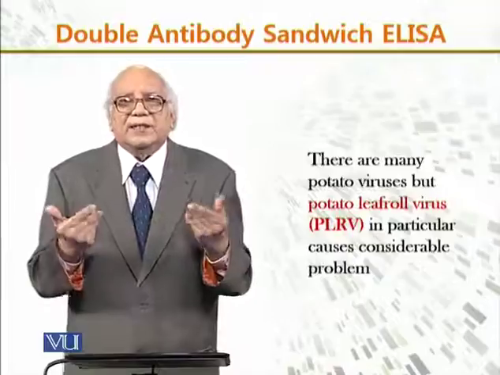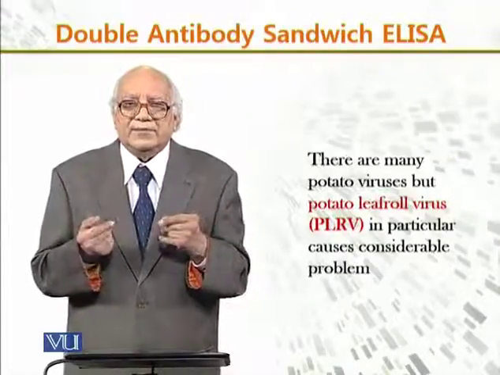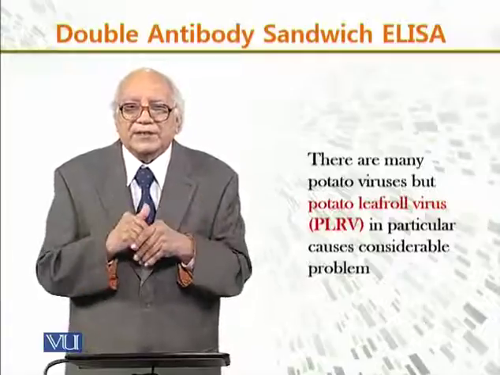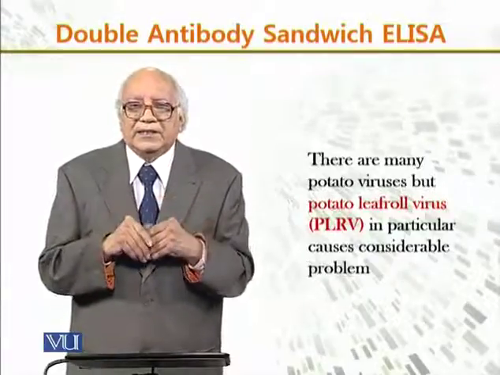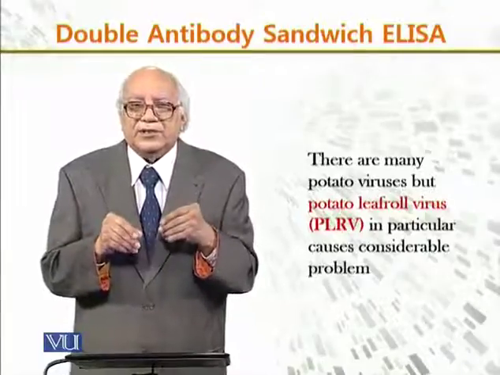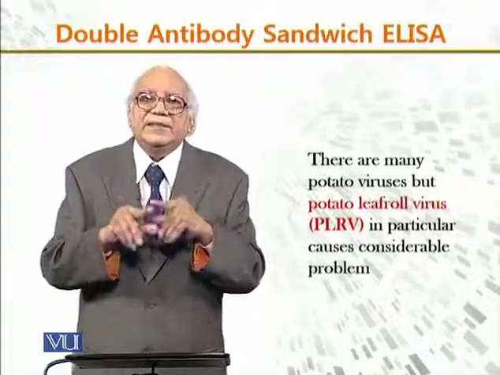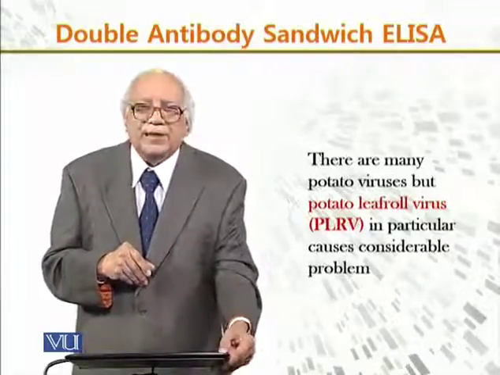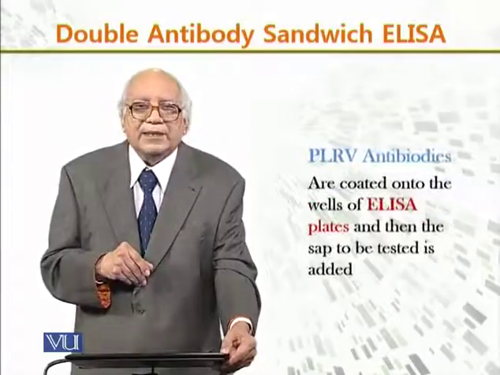There are, for example, many potato viruses, but potato leaf roll virus, PLRV, in particular, causes considerable problems and damage to the potato crop, and we can detect it by this method.